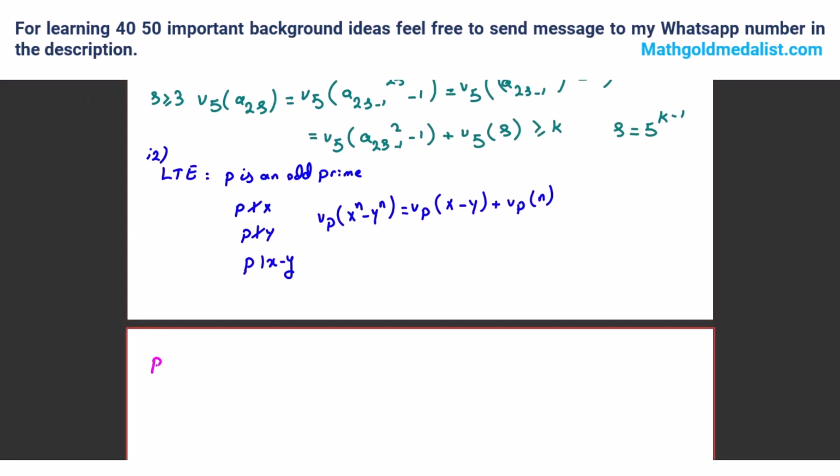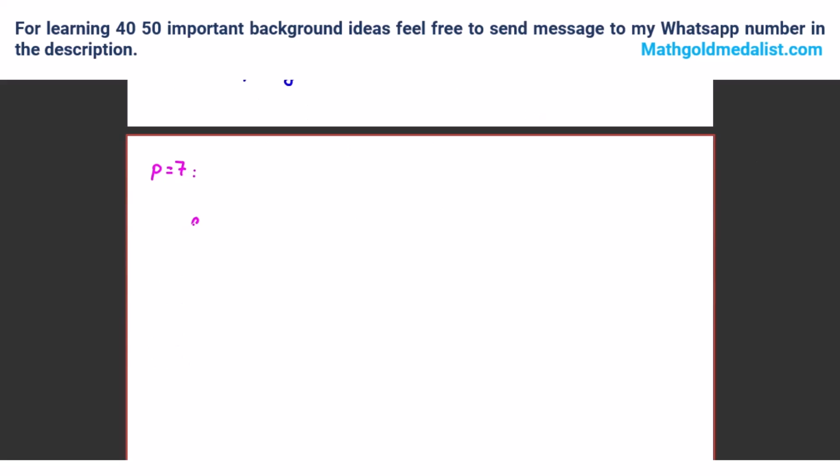If we check p equals 7, again the first number a1 is 2, a2 is 2 squared minus 1, which is 3. a3 is 3 cubed minus 1, 26. 26 mod 7, we can say is negative 2. a4 is negative 2 to the 4, 16 minus 1, 15, which is 1. a5 is 1 squared minus 1, 0. a6 is 0 squared minus 1, negative 1. a7 is negative 1 to the 7 minus 1, negative 2. a8 is negative 2 to the power of 8 minus 1.